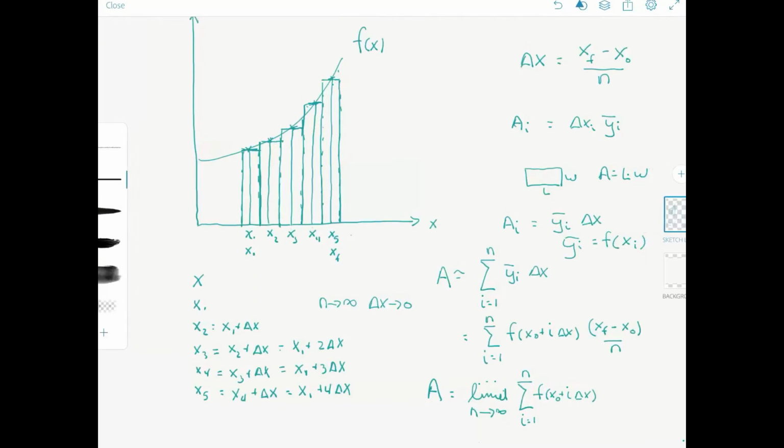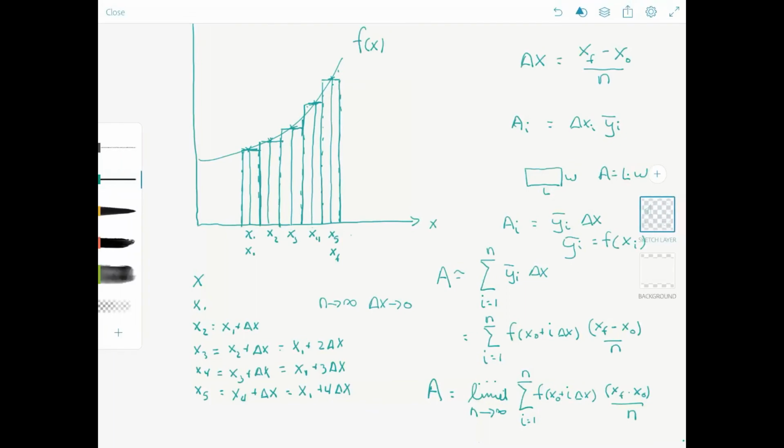I better erase this part here because my hand's getting in the way.